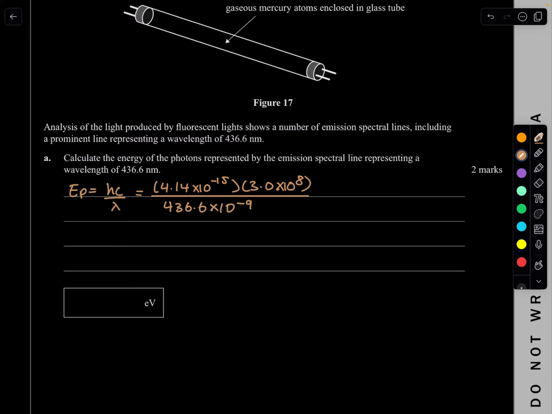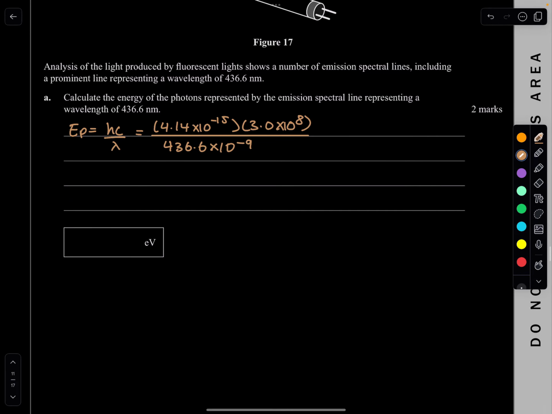That gives me 2.84 electronvolts. Let me write that nicer.